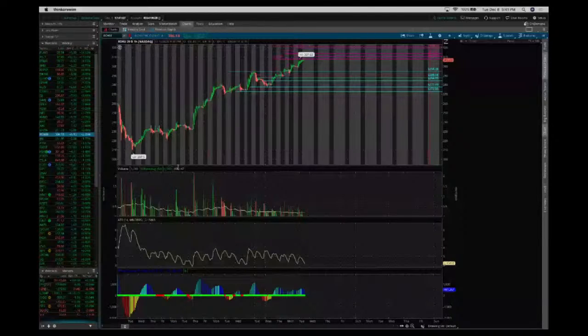Another example is that simple moving averages are based on the closing prices, and the exponential moving average focuses more on the recent prices.